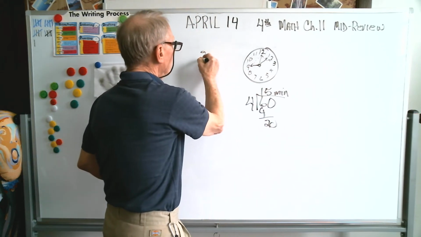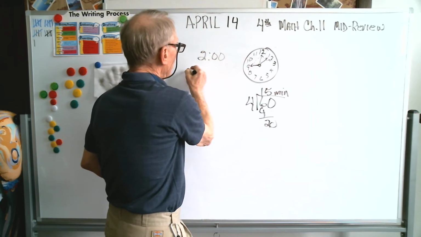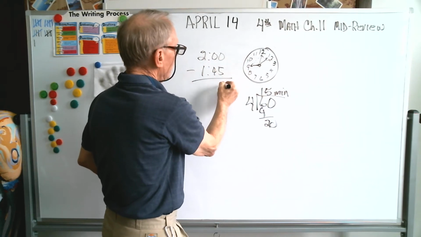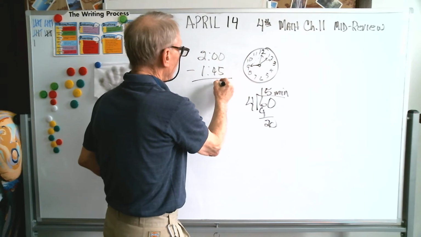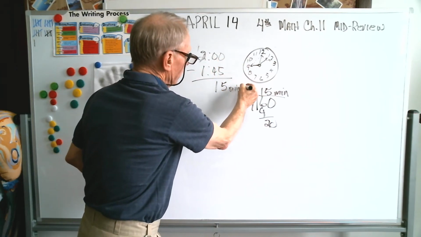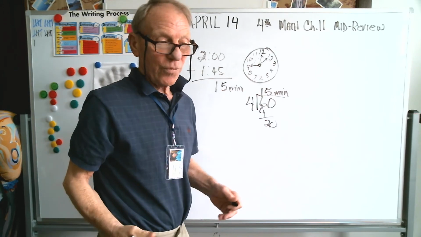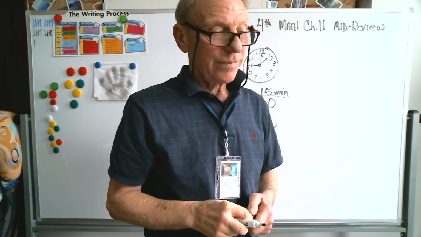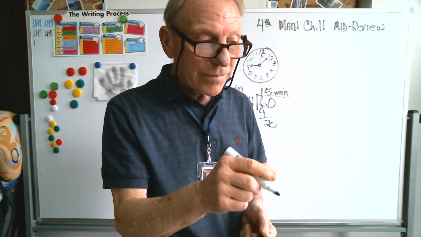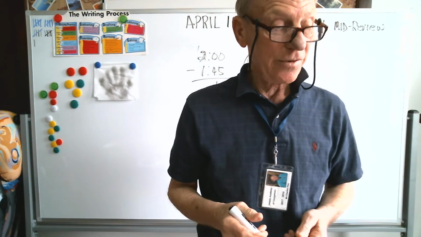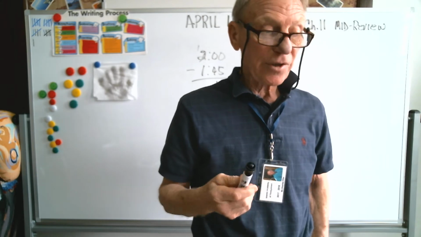Or you could do 2 o'clock minus 1:45, and it also will give you 15 minutes. So there's 2 ways that you can come to the conclusion, or you could just take your pencil and count each minute, and you would discover 15 minutes. 15 minutes is 1/4 of an hour, and that's how much time passed.